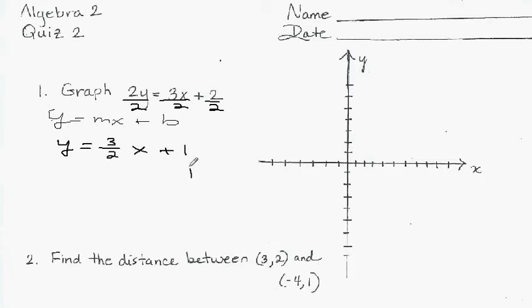Remember, this is your y-intercept. It's your b. Remember, y equals mx plus b. So we put that on the graph first. We put it right on the 1. This is our slope. It's a negative 3/2, or is it a positive? It's a positive 3/2. I can't read my writing. So we're going to go up 3 from that point, 1, 2, 3, and over 2.